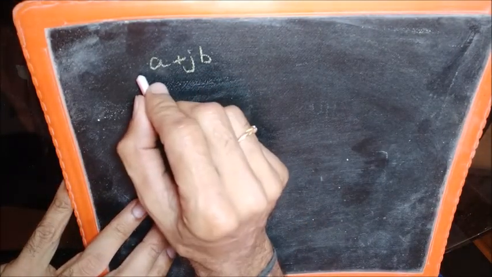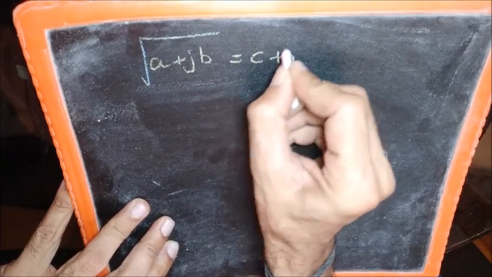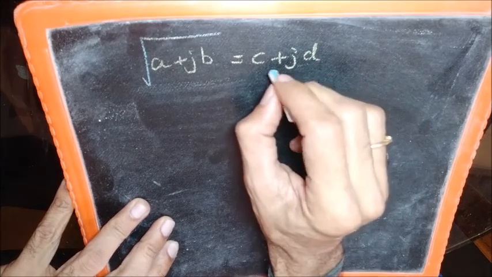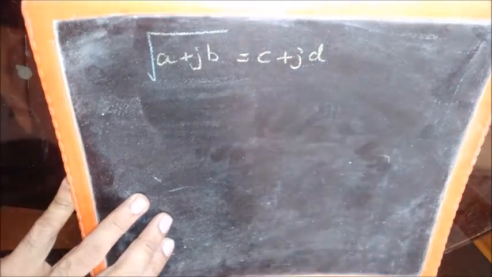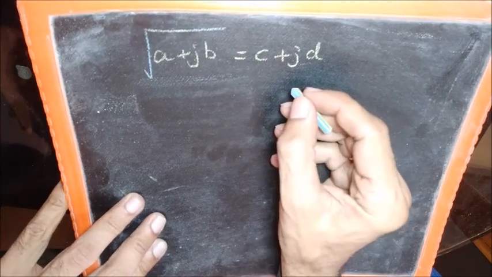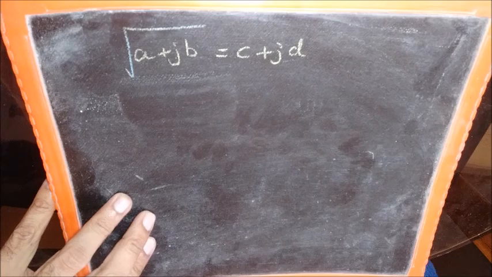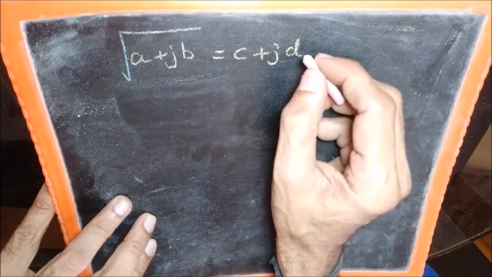Now, the square root of a complex number will also be another complex number, say c plus jd, where j is square root of -1, as I said a short while ago, and c and d are real numbers.